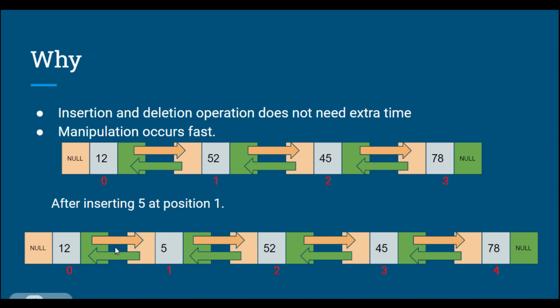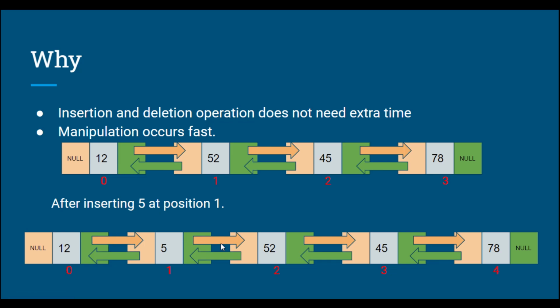So only the addresses change, and after that there is no change in the other element addresses. We only have to change the addresses, so that will take less time.